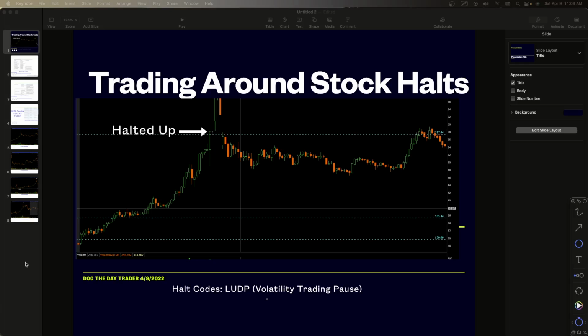Basically, the purpose is to slow down the volatility and supposedly to protect investors. This was initially implemented in 2013 to prevent stocks from getting crushed down 30, 40%, triggering stop losses and then creating panic selling.